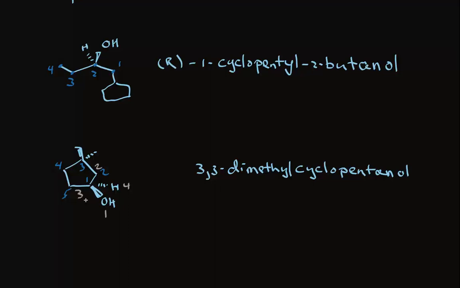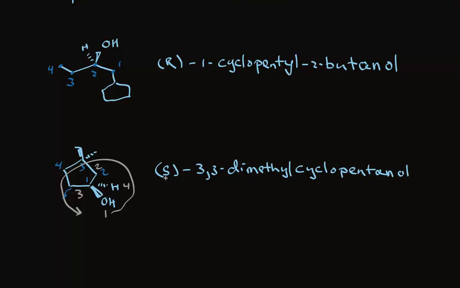The lowest priority group is away from us, and we find ourselves going 1 to 2 to 3 counterclockwise. This is S. And we're done. So there you have it, a few examples of using systematic nomenclature to name alcohols.